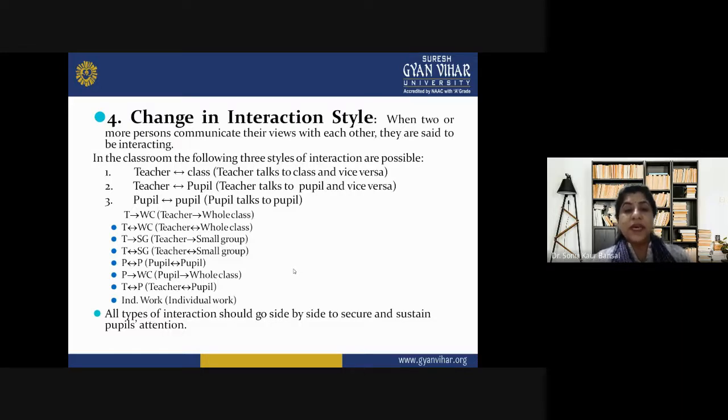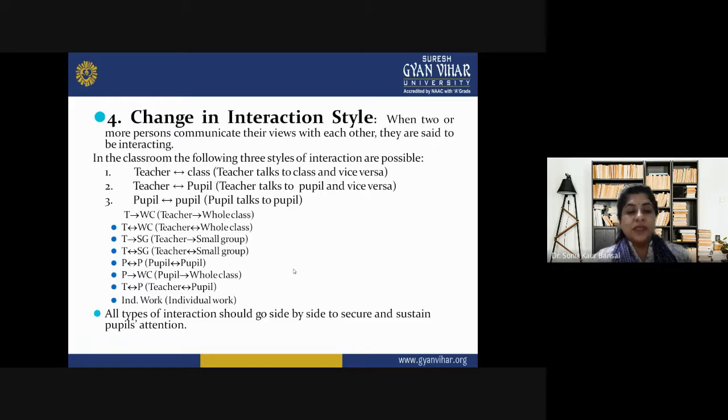So three types of talks are here: teacher to class, class to teacher, teacher to pupil, pupil to teacher, pupil to pupil. There are some situations where the teacher is talking to the whole class, or the teacher is talking to a small group of the class.